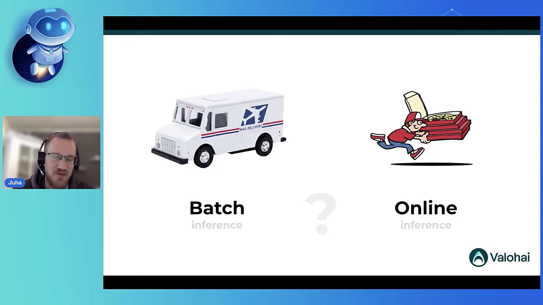And online inference is more like a service. Your model is delivering value on demand, and it's kind of waiting there. Just when you need your pizza, it's going to deliver it for you. So that's the difference. But I think this terminology is not the best for this talk.